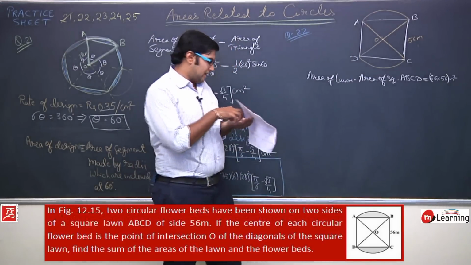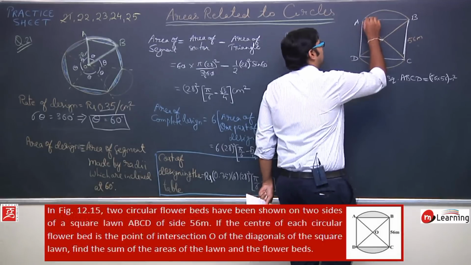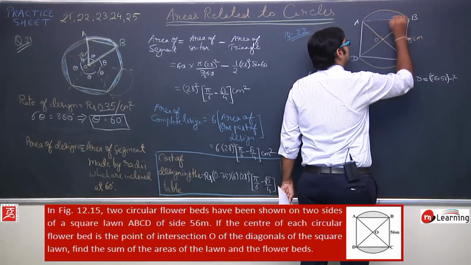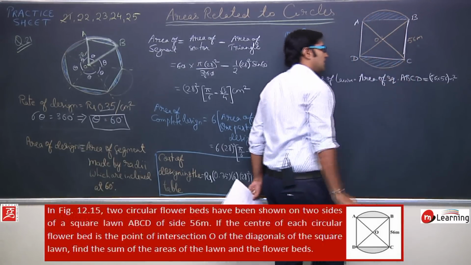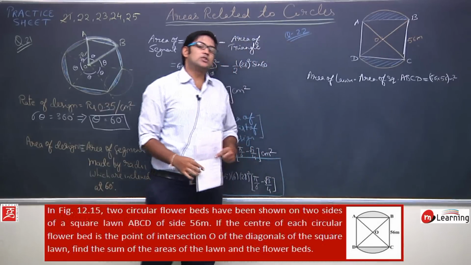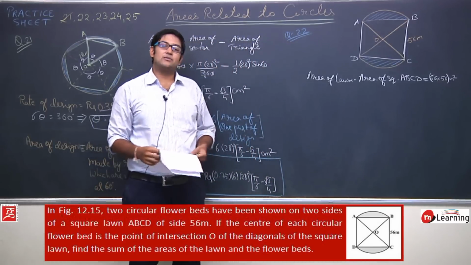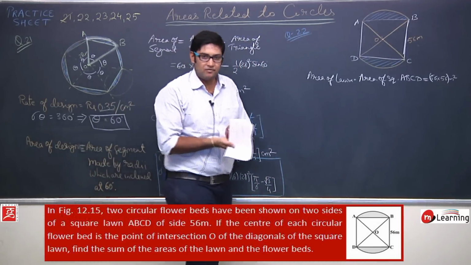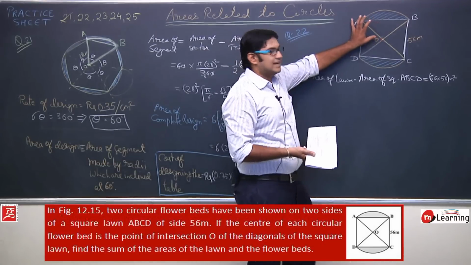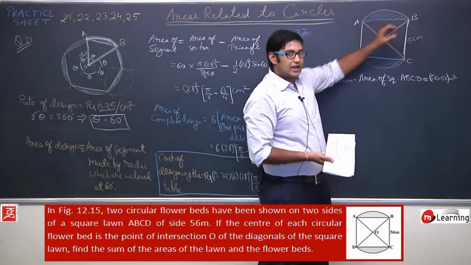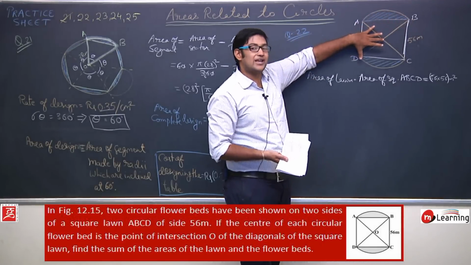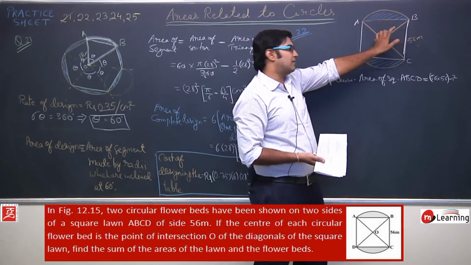Now I need to determine the area of these flower beds. What I can see is both flower beds are symmetrical, both are equal in shape. Why? Because with O as the center and AO as the radius, I have drawn this flower bed, and similarly with O as the center and OD as the radius, I have drawn this flower bed.